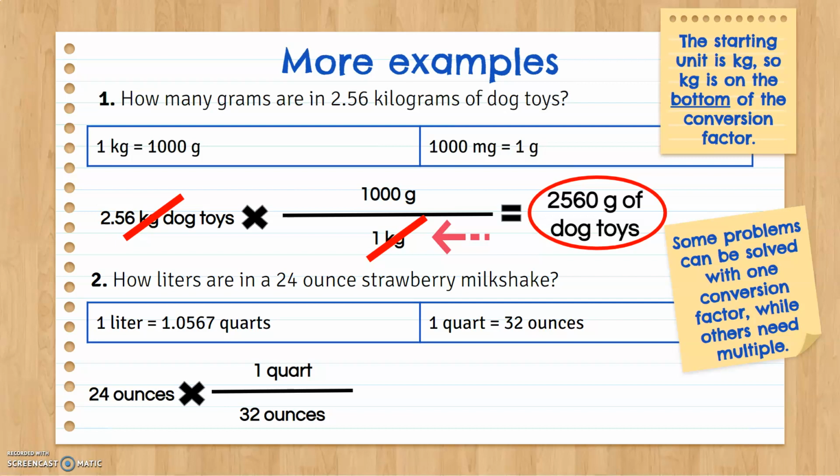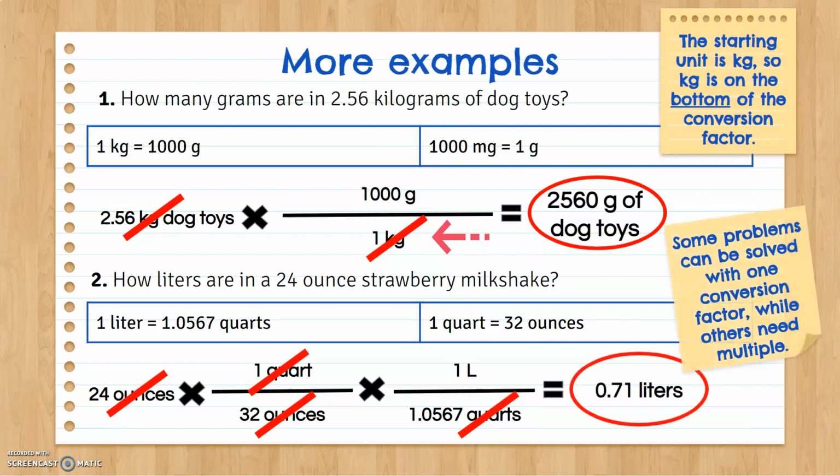So, I'm going to get rid of my ounces. I'm going to put them into quarts. Then I'm going to go ahead and cancel those quarts. And I'm going to turn them into liters. So see, I got rid of one unit. I then got rid of a second unit. I now have liters on top, which is what I wanted. So now I'm done.